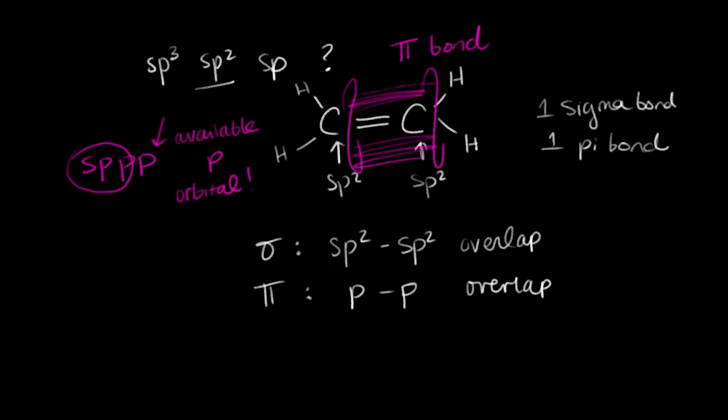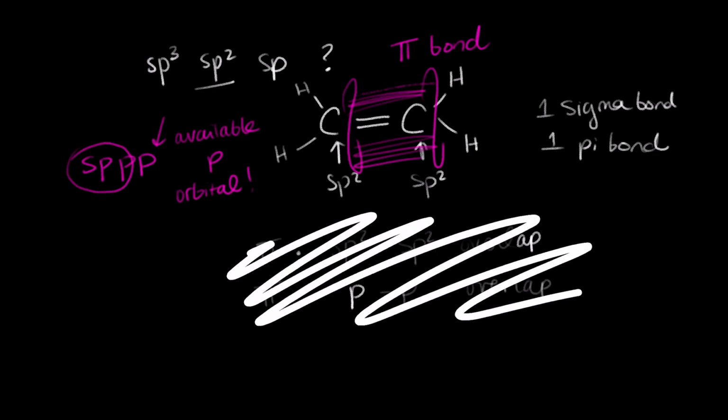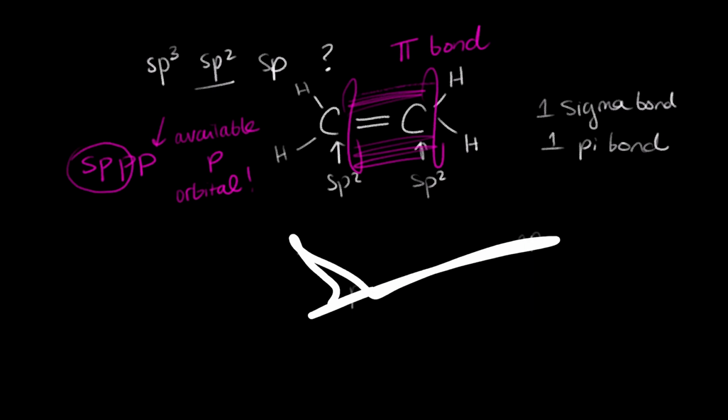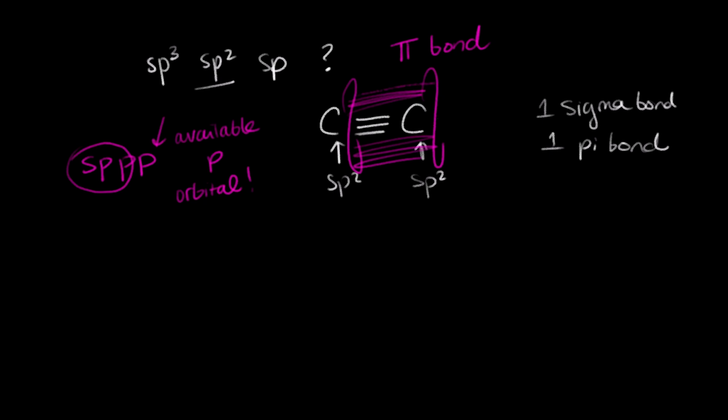Now, real quick before we wrap up, I want to talk about a triple bond, right? So let me just adjust this picture right here. I'm going to make this a triple bond, and we know if that's a triple bond, we can't have 4 hydrogens. We can only have 1 on each side. We're not sp2 hybridized anymore.